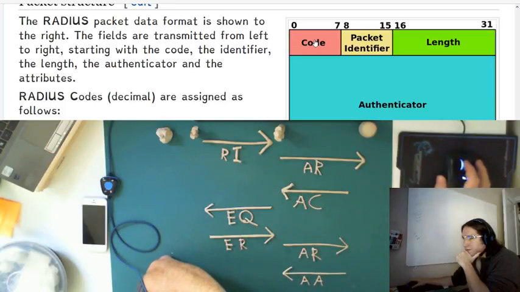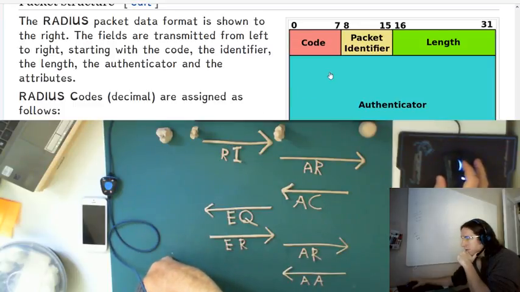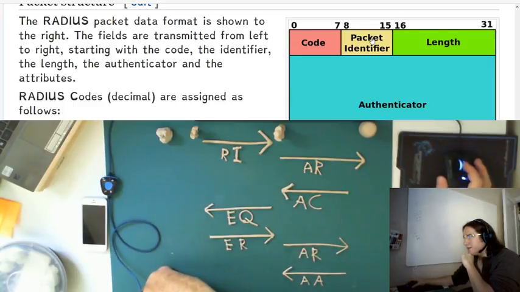First byte is a code, 255. Then the second byte is the identifier. The next two bytes are the length. And then the authenticator, AVPs.